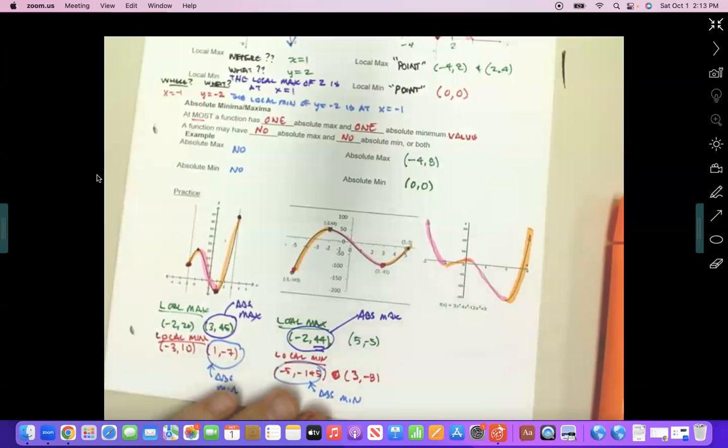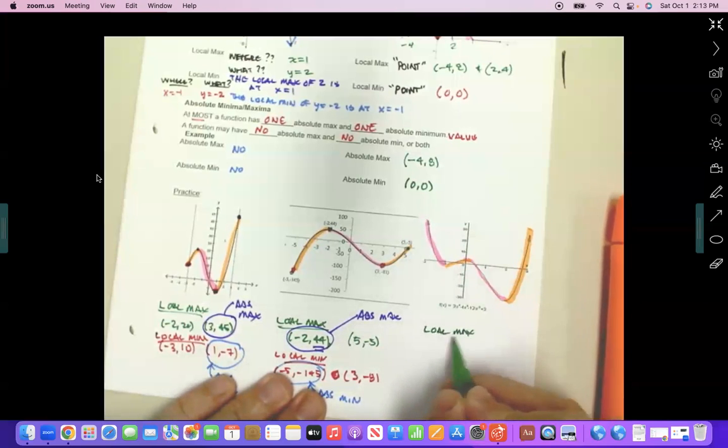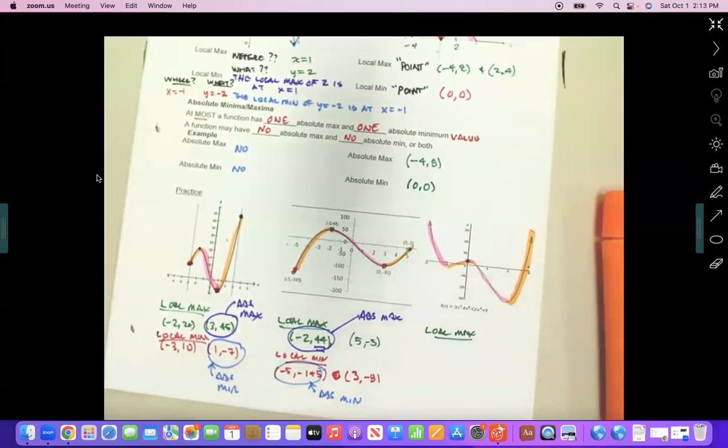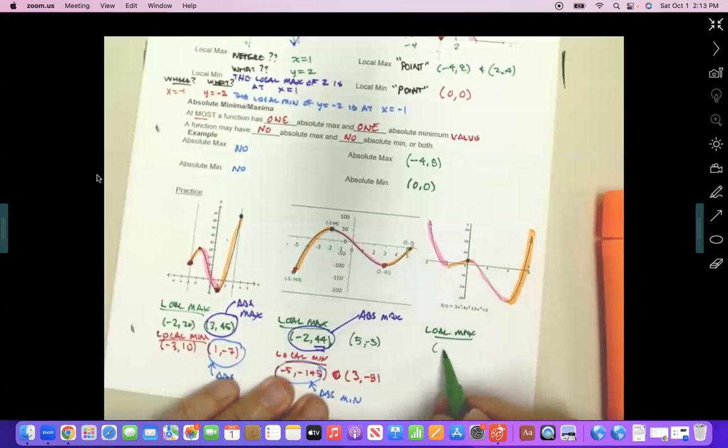In this case, we do have a local max, and that occurs about there. Since it appears that it's on the y-axis, that would be at (0, 3), given that equation.